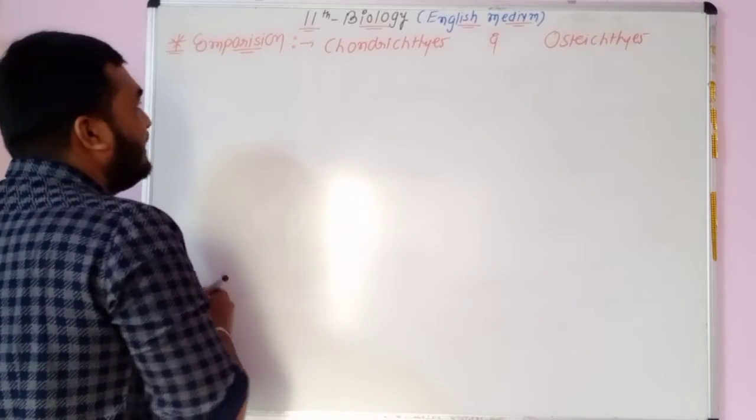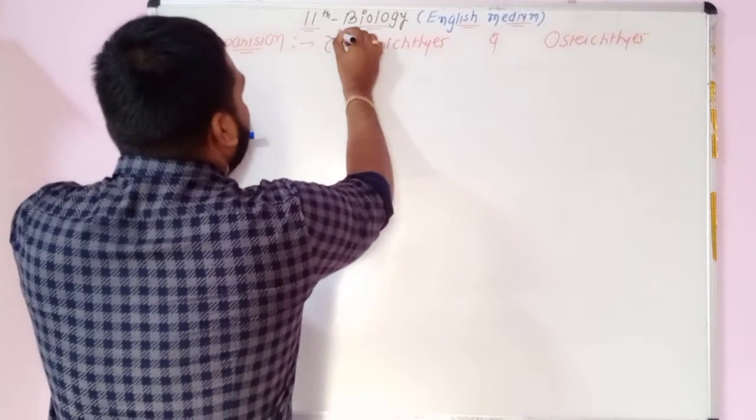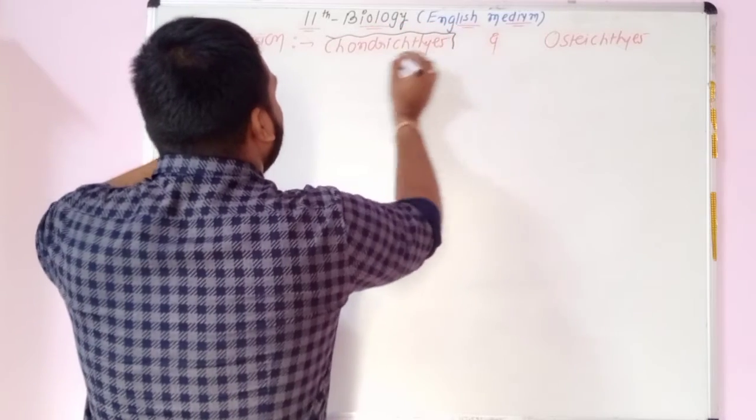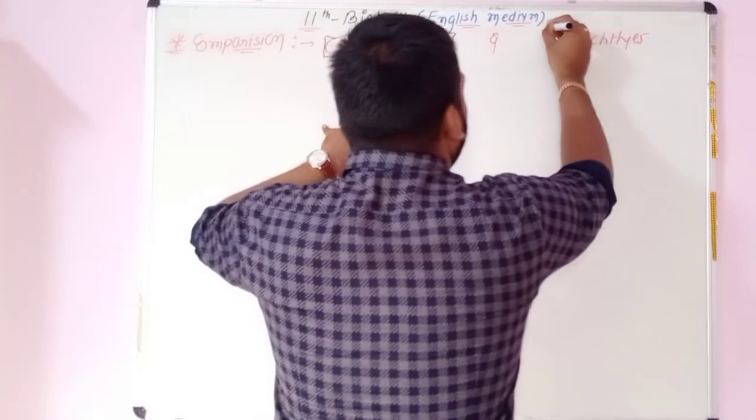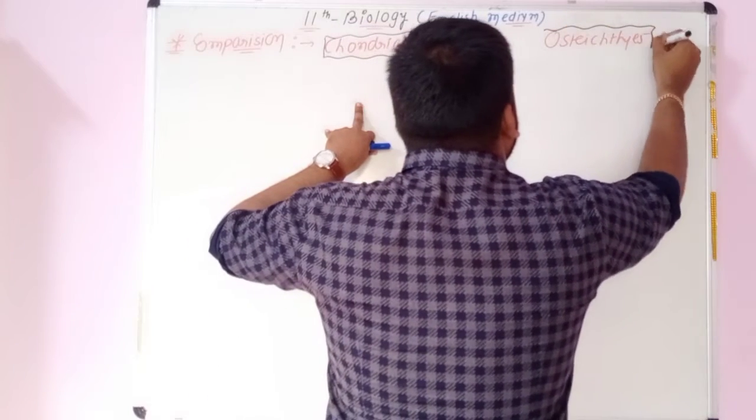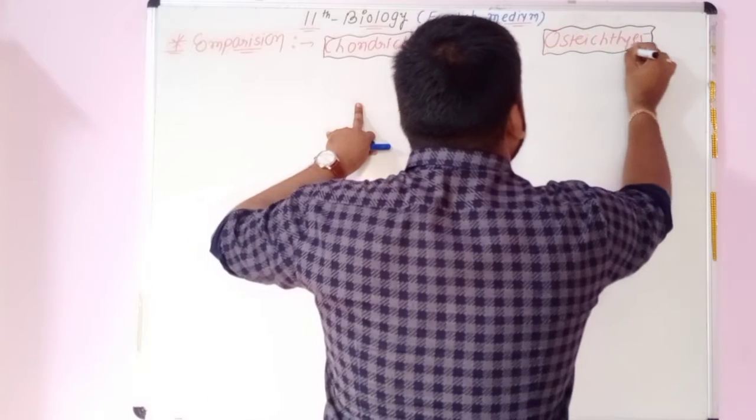See, these two words are important. The first one is class Chondrichthyes, and the second one is class Osteichthyes.